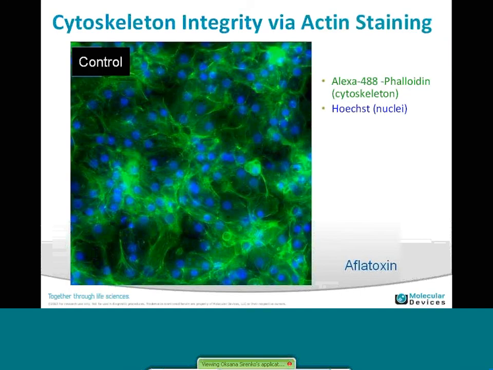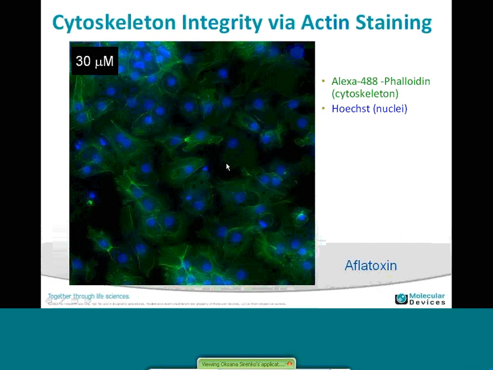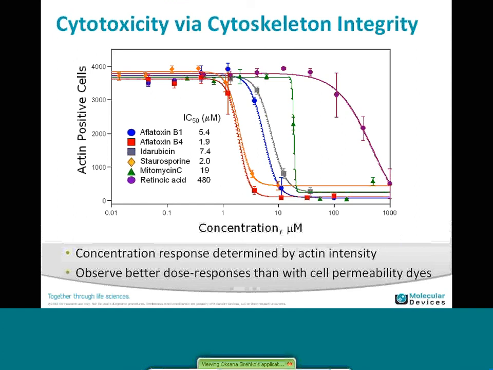Cytoskeleton integrity is another interesting marker which could be done using actin stain, using Alexa 488 phalloidin stain from Invitrogen. So you can see cytoskeleton stain with intact cells. You can see nice junctions between different cells. But after treatment with toxic compounds like aflatoxin, you can see a dose-dependent increase of actin stain intensity and also a decreased number of cells positive for actin.